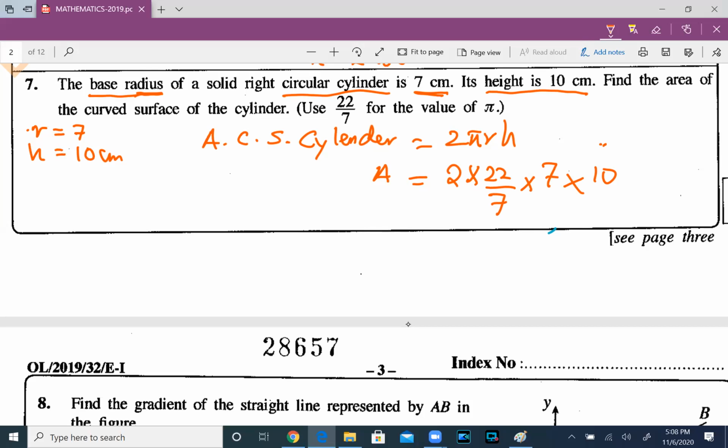So you can simplify this by just 7 and 7, they can be simplified. So now the answer, you can multiply these. So 2 times 22 is 44, 44 times 10 is 440 centimeter square. Don't forget to put the unit.